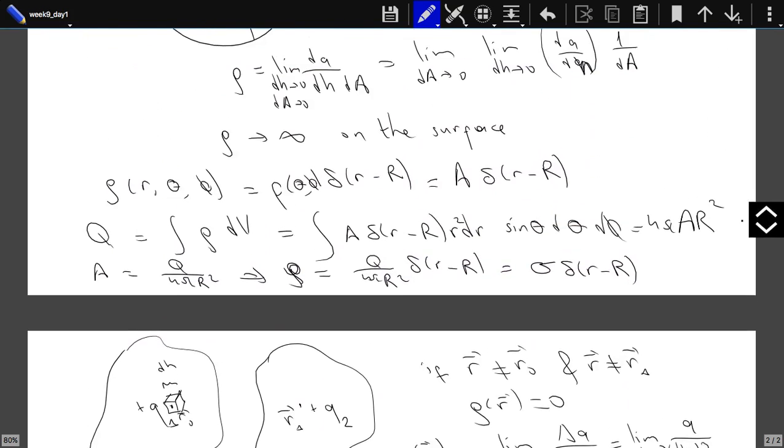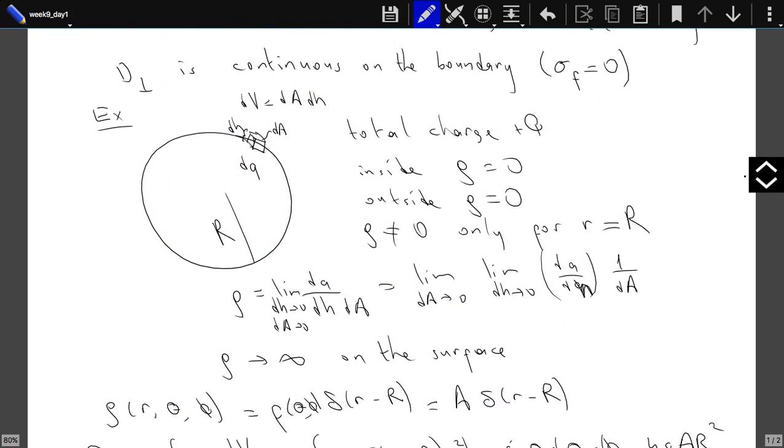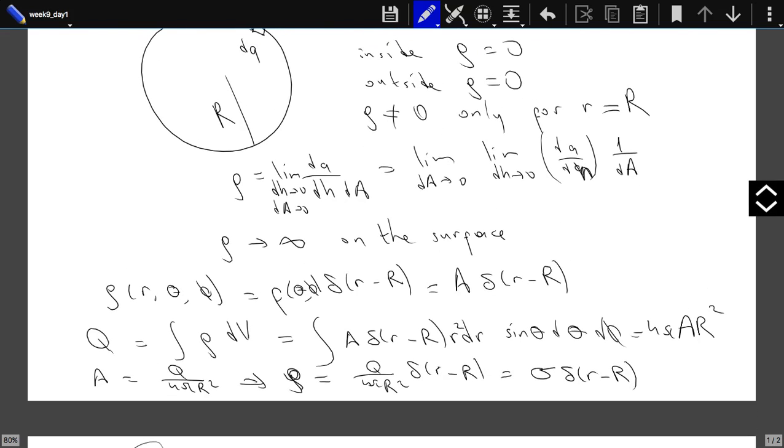We already did an example in your first question. You see here we have only a surface charge density, and the rho is nothing but sigma times this Dirac delta. The normal coordinate is the radial coordinate in this problem, so R should be equal to the radius of the sphere. You can just generalize it to any other surface.